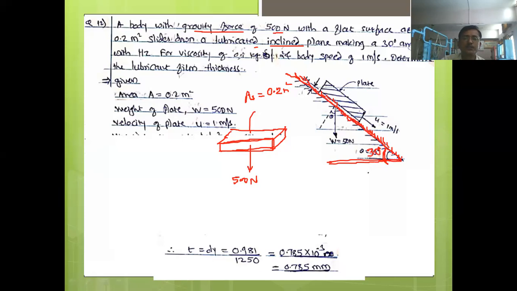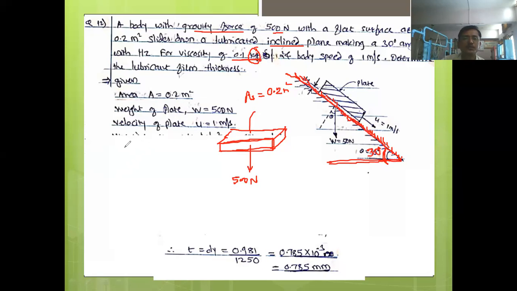The viscosity is given as 0.1 kg second per meter square. Now this viscosity is given in units of kg second, so you can convert kg to Newton by multiplying this value by 9.81.